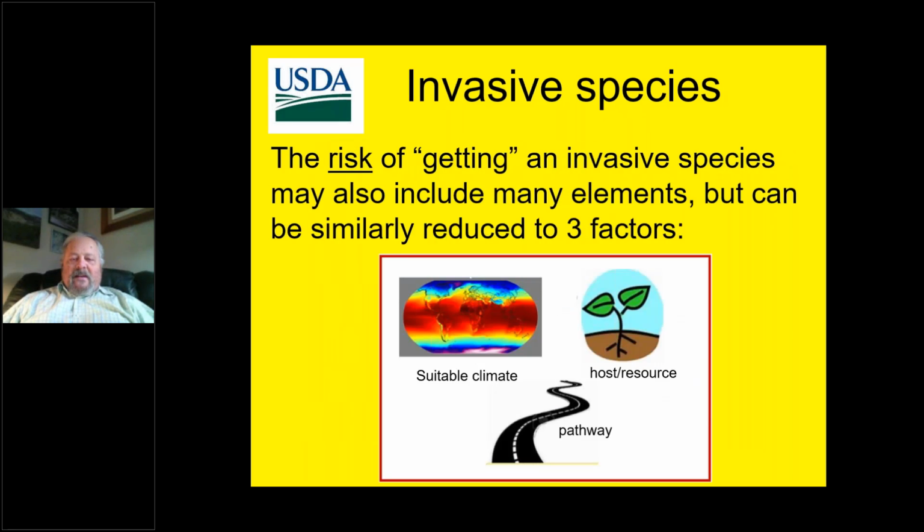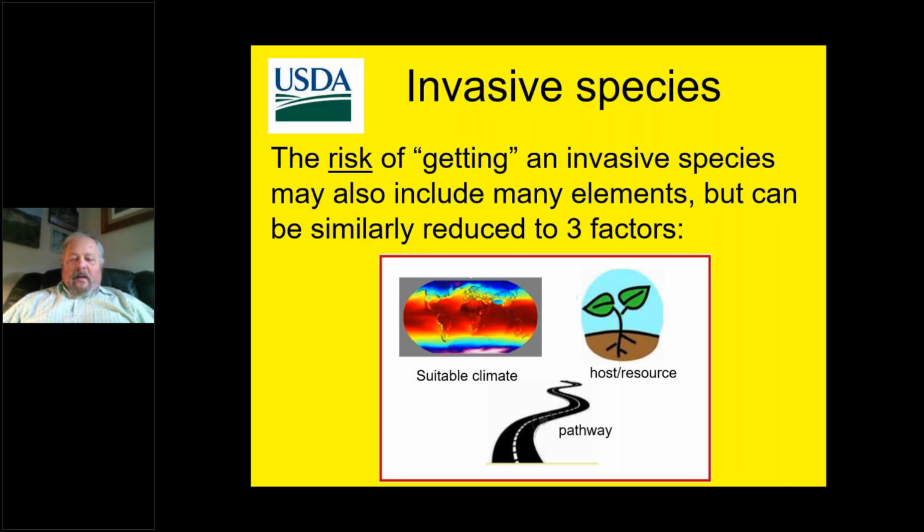With invasive species, the risk of getting an invasive species may also include many elements, but it can be similarly reduced to 3 factors. And again, the emphasis here is on the risk of getting an invasive species.